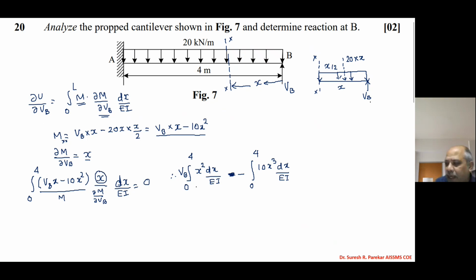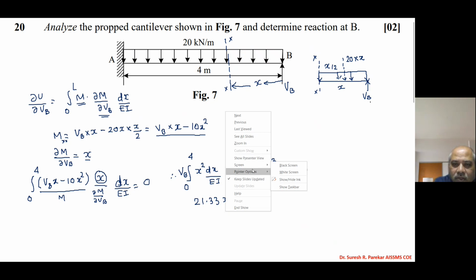Now the integration of x square dx upon EI gives x cube by 3 from 0 to 4, so we have this value 21.33, which I take on the right side, into VB.